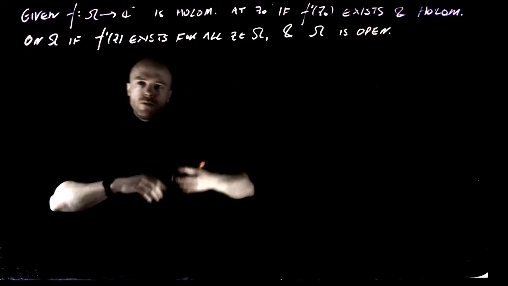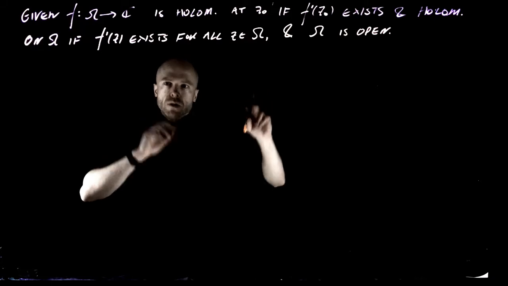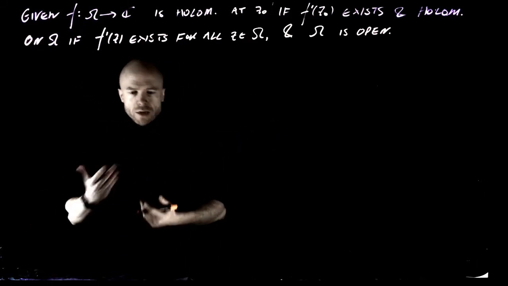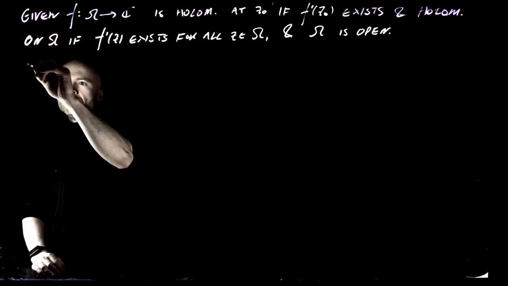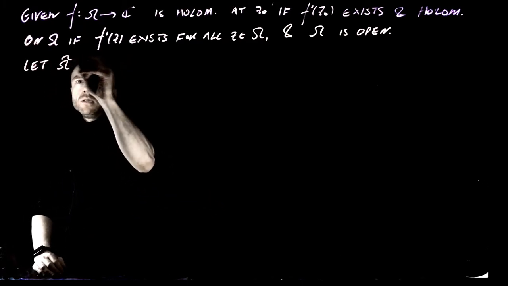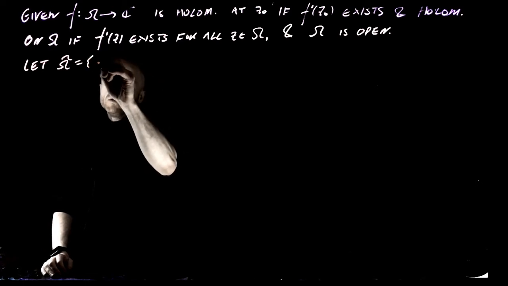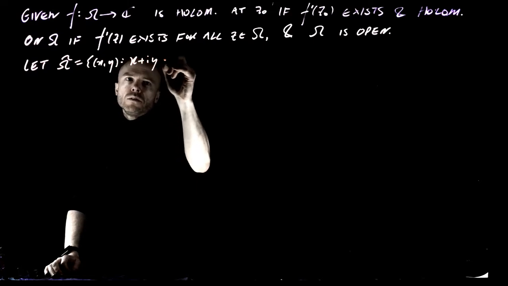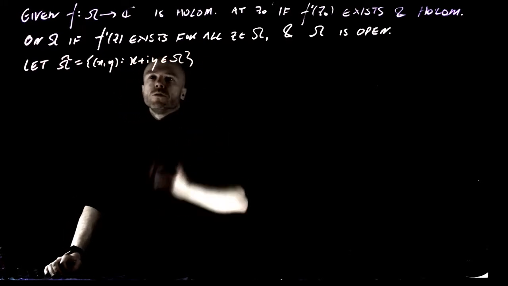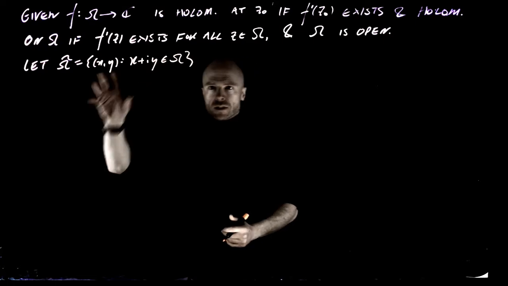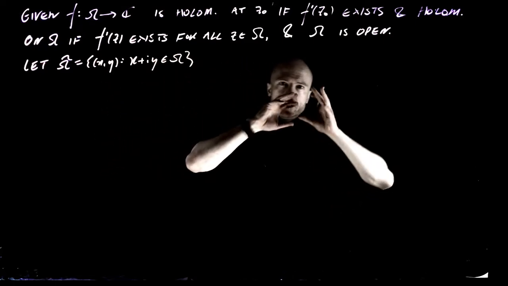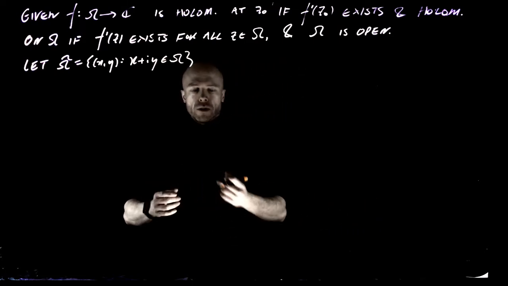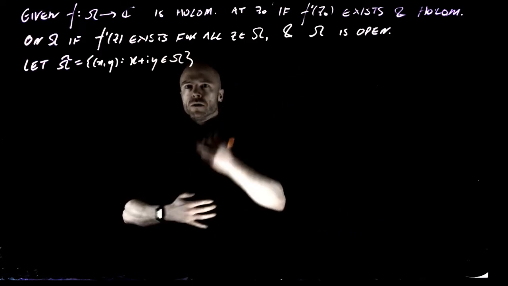We've just learned that if it's complex differentiable at some particular point, then it satisfies the Cauchy Riemann equations. To illustrate the meaning of that, let omega tilde be the set of points in the plane which we get from our set omega. If we draw omega tilde, it looks exactly like omega, except we're drawing it in the plane instead of in the complex plane, which might seem like an unimportant distinction, but it's actually quite important, as we'll see in a second.